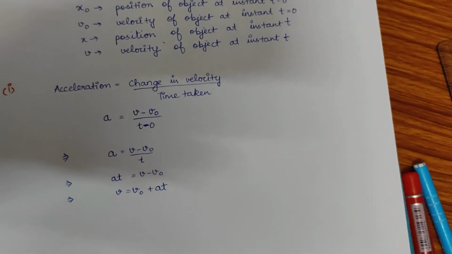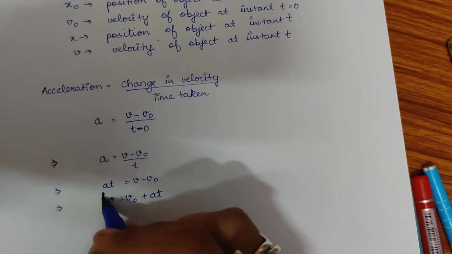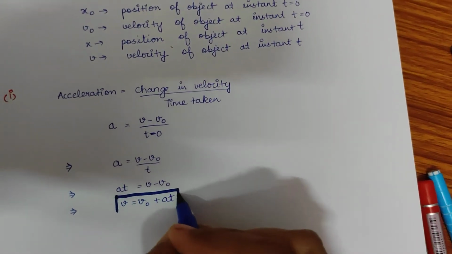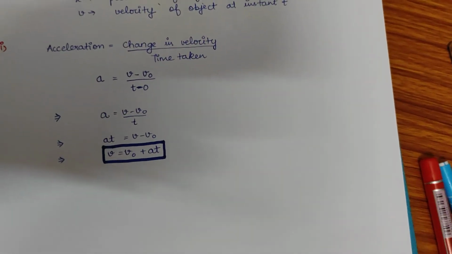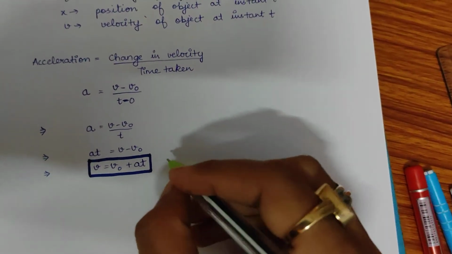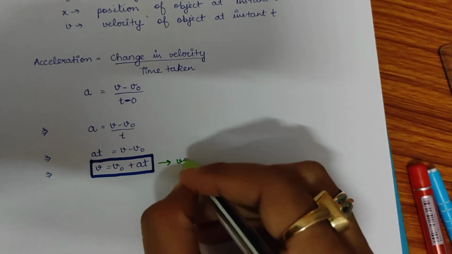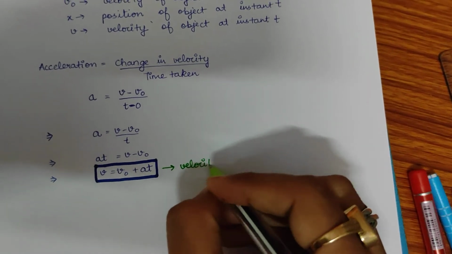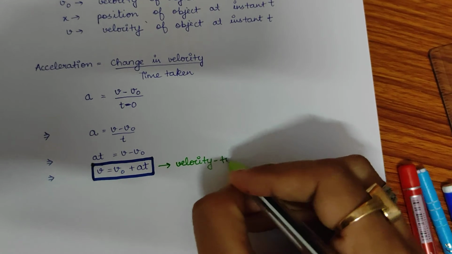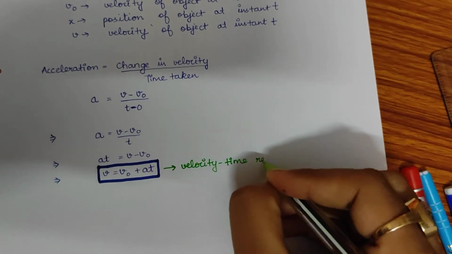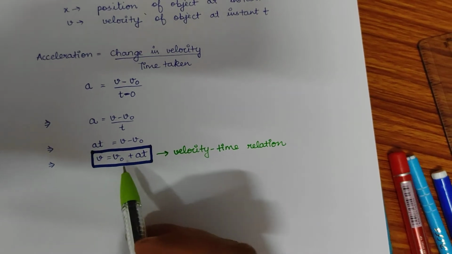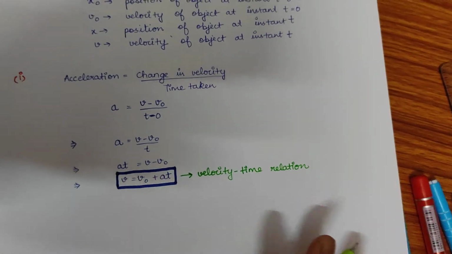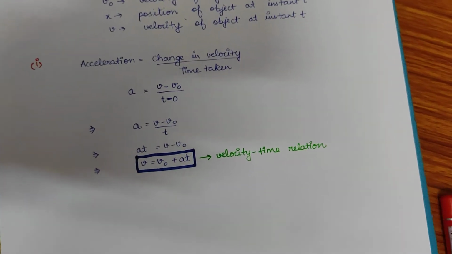So the equation you are seeing is v equals v naught plus at, and this equation is known as the velocity time relation, as it involves velocities and time.